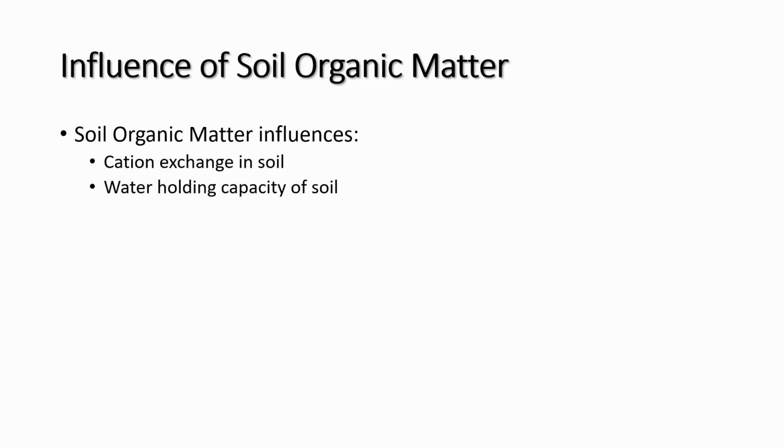Also, more organic matter, more water holding capacity. Why? Because organic matter has the property that it is porous. More porosity, more water retention power. So more water will stay there. Soil will be moist, humid, and temperature can be controlled within the soil.